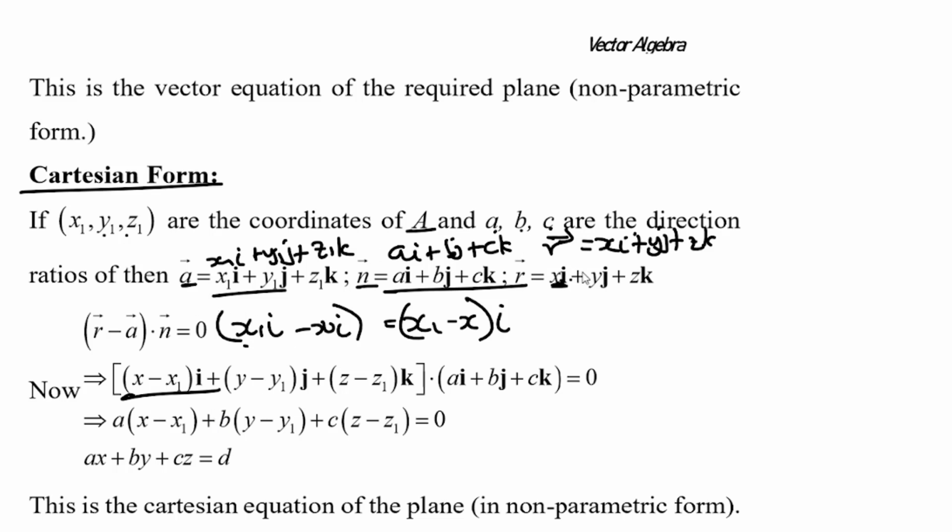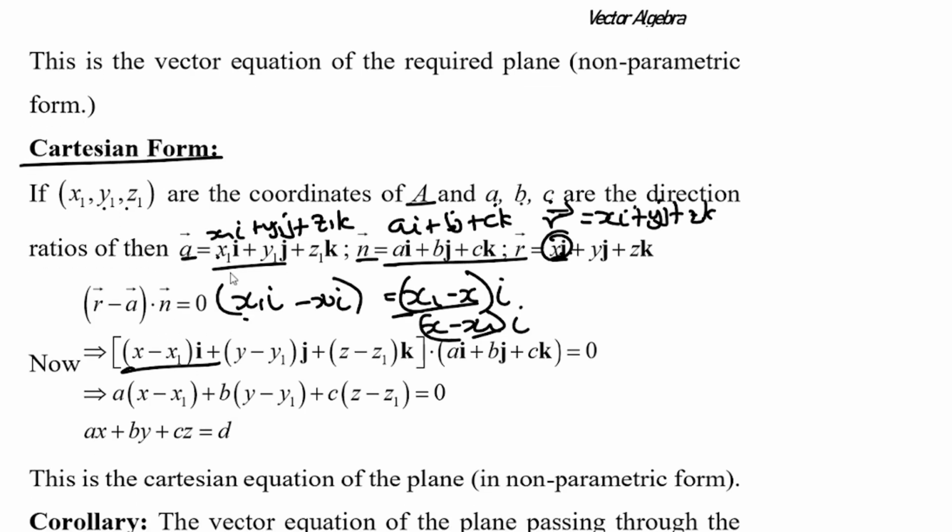Okay, so R is the X here. And then our A is what? X1. So it's going to be X minus X1 I. Sorry. Okay. And then the second one, we pick Y1, Y minus Y1 J. We are subtracting A from R, so we are going to have Y written first minus Y1, so we put J out.